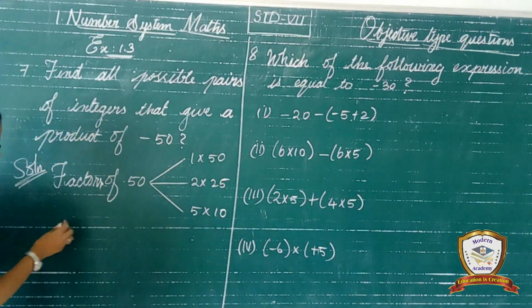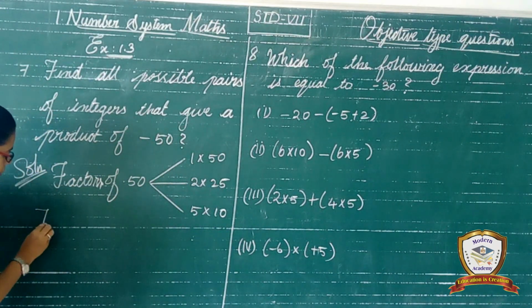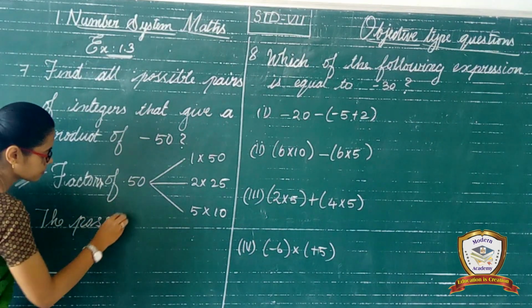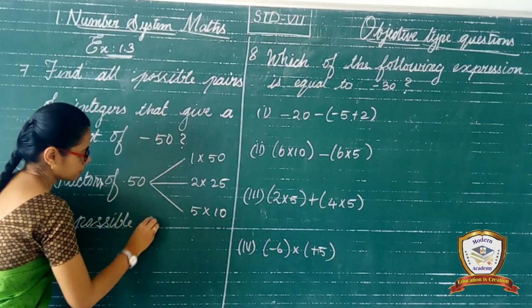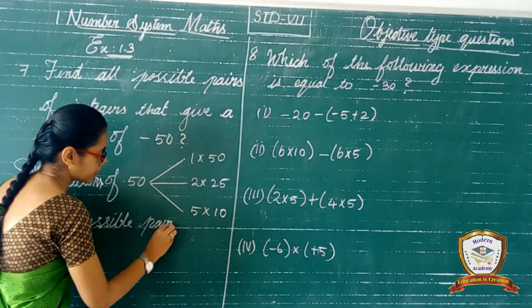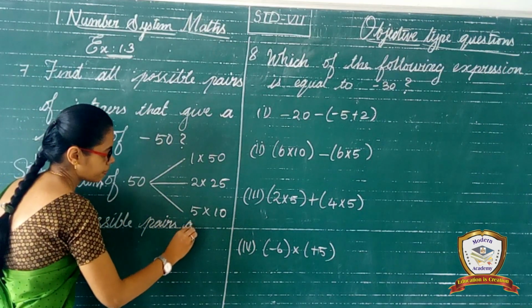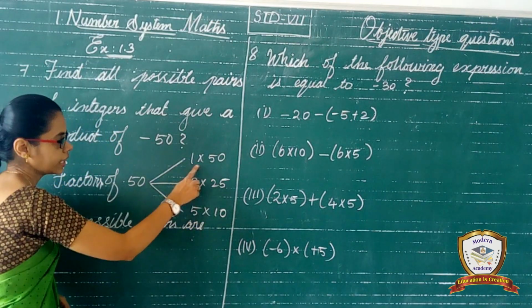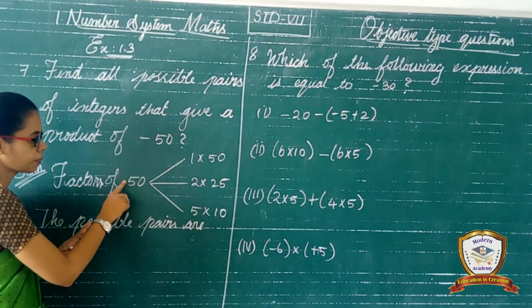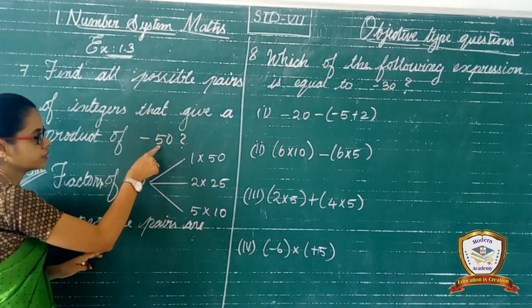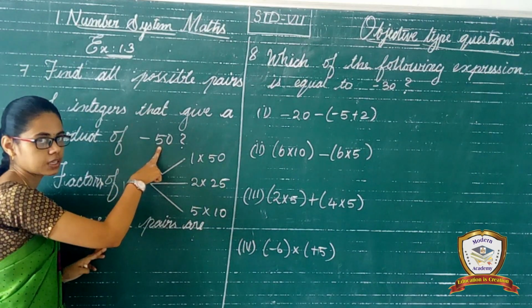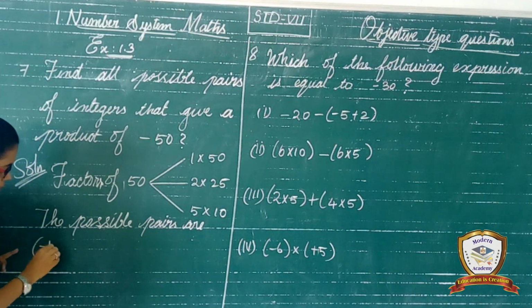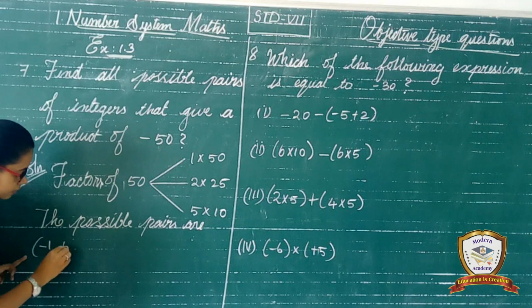Now let us see how we have to write the possible pairs. 1 into 50, these are the positive numbers. But what they are asking is minus 50, negative. So we can write here minus 1, comma 50.